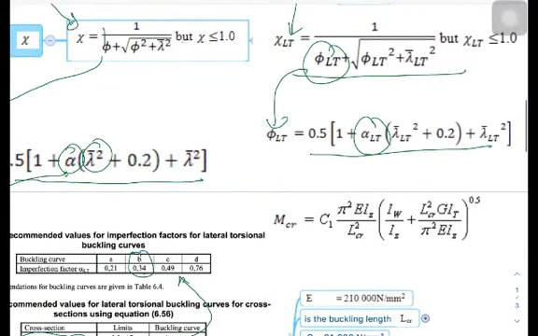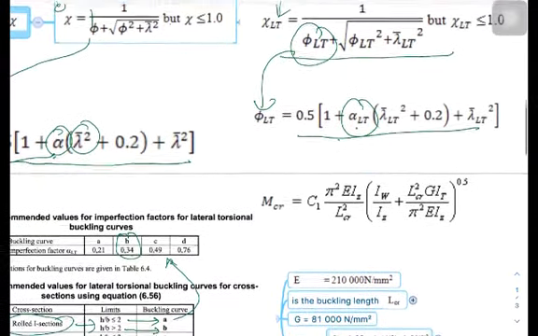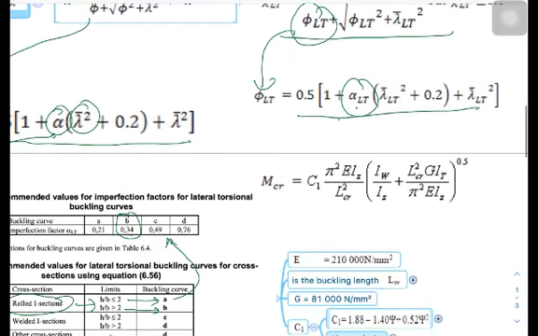You get the value there, and then now you need the value of MCR, right? You need to find MCR from here first before getting lambda LT.